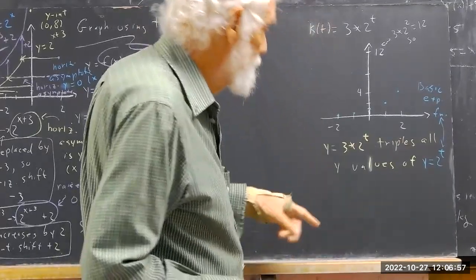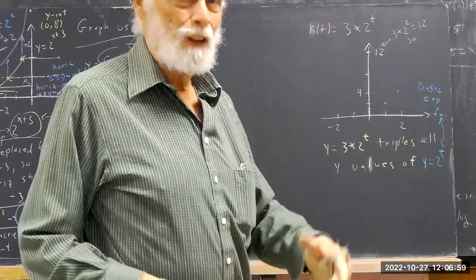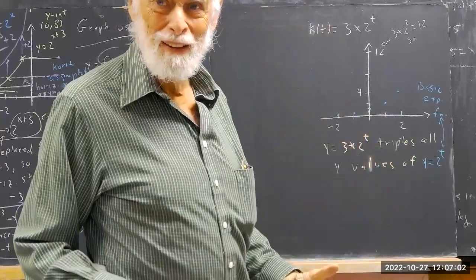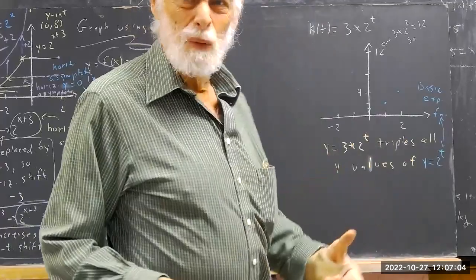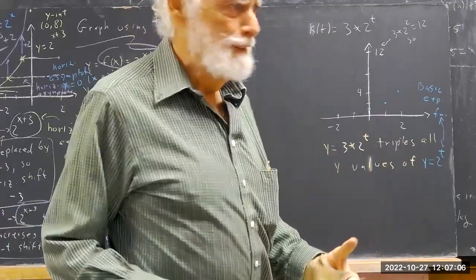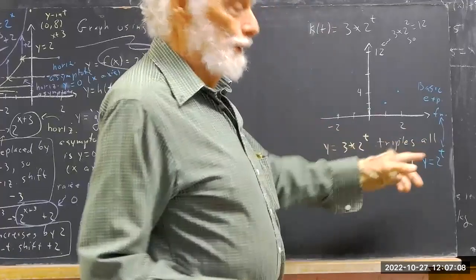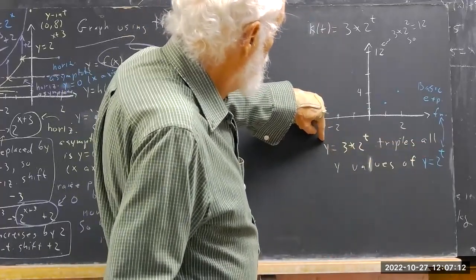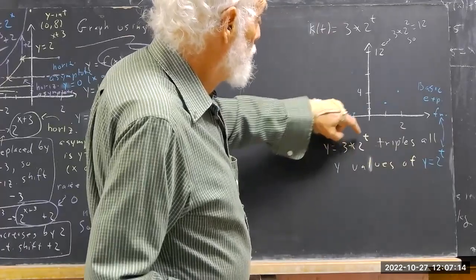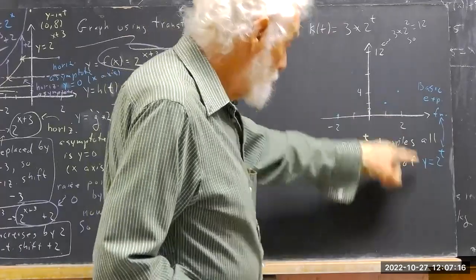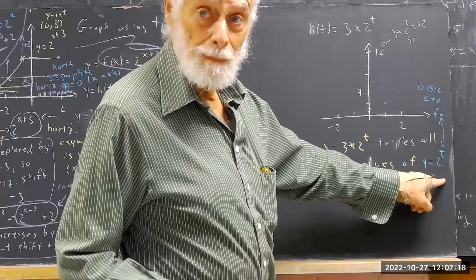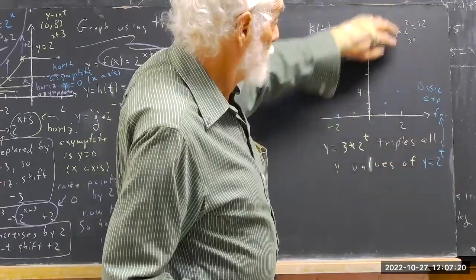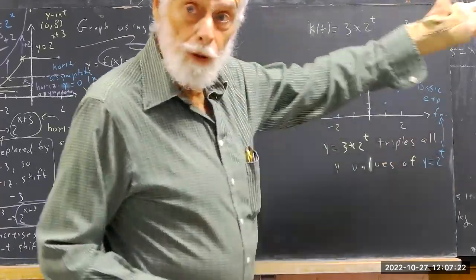So what I said was, and I said it more articulately before, because if I go back and explain what I've already done, I've got to remember what I was thinking then, instead of just moving forward. Anyhow, here we go. So what we say is that y equals 3 times 2 to the t triples all the values of y equals 2 to the t. Just like when we calculated this, 2 squared is 4, we know that.